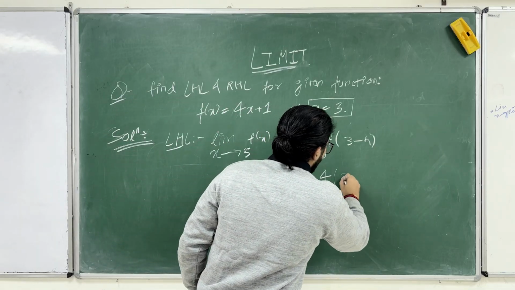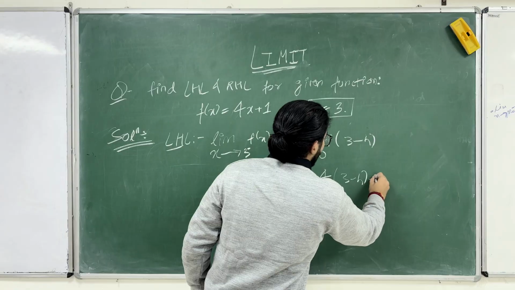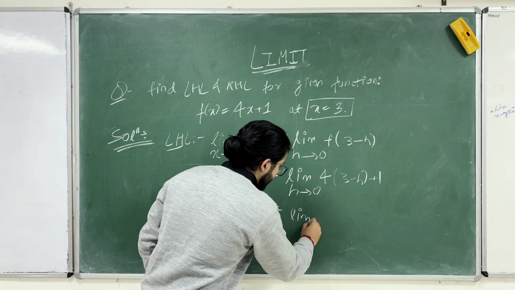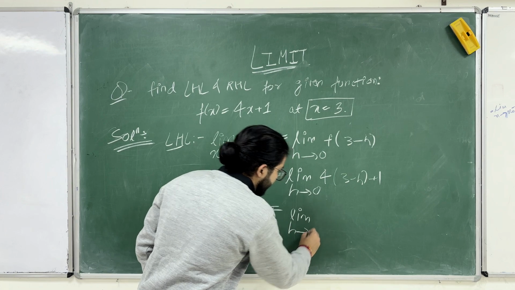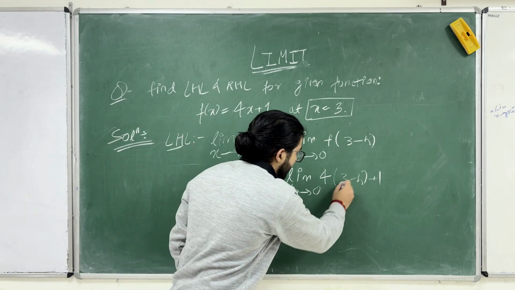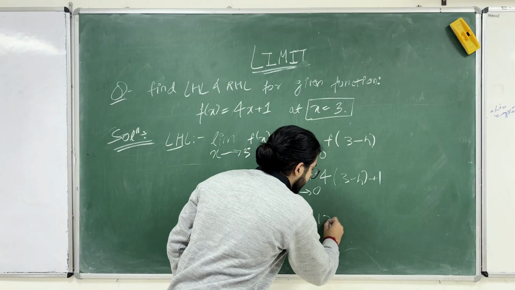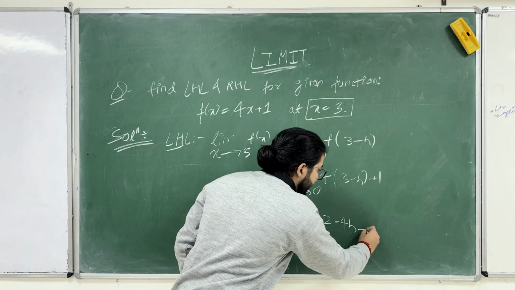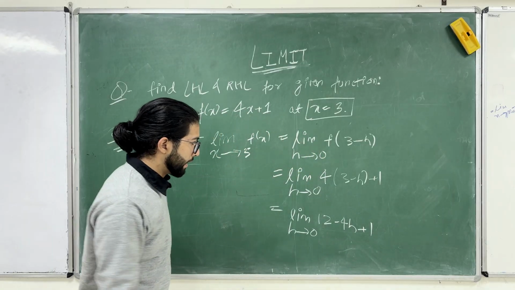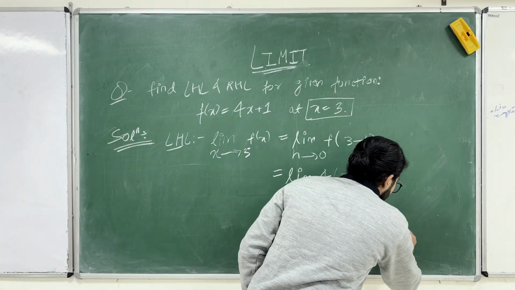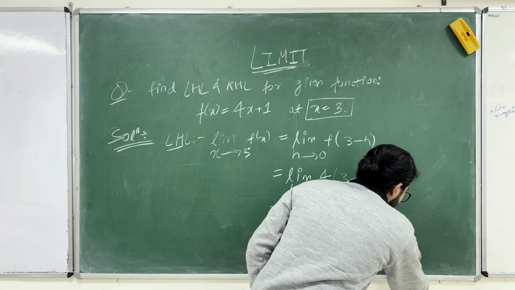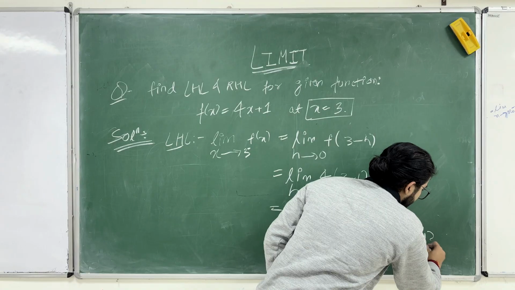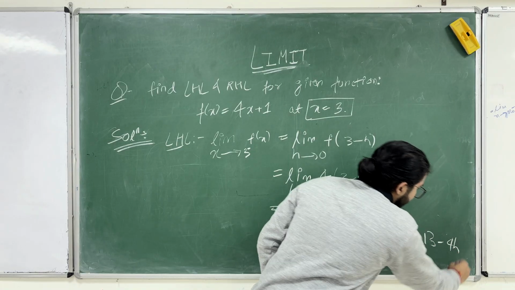So 4 times (3 minus h) plus 1 is equal to limit h tends to 0, 4 3s are 12 there, minus 4h and then plus 1. So it is equal to limit h tends to 0, 12 plus 1 is 13, minus 4h.